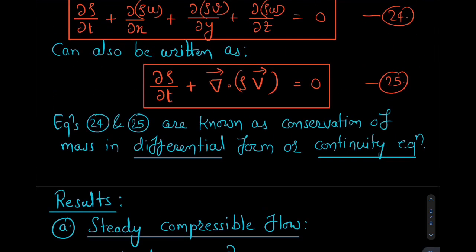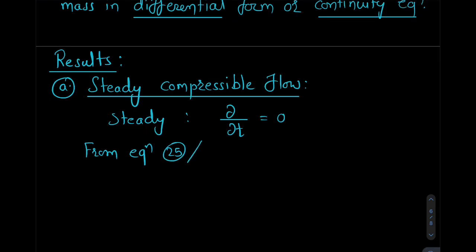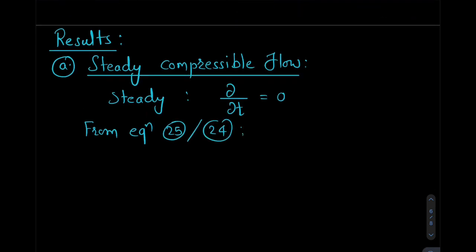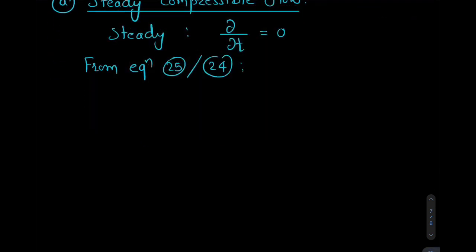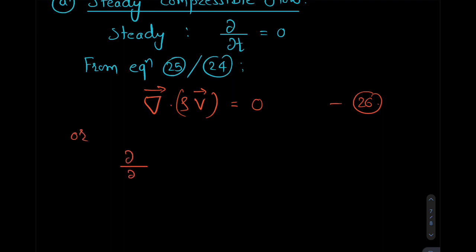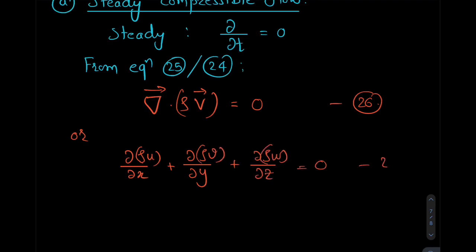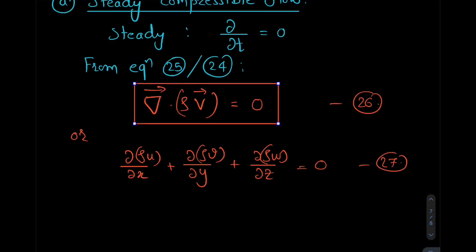So from equations 25 or 24 we get del bar dot rho v bar equals 0. This can be written in differential form as partial x of rho u plus partial y of rho v plus partial z rho w equals 0. So these are final results.